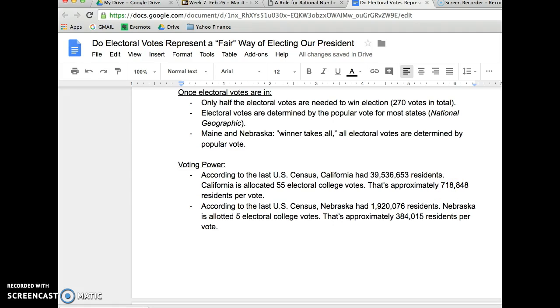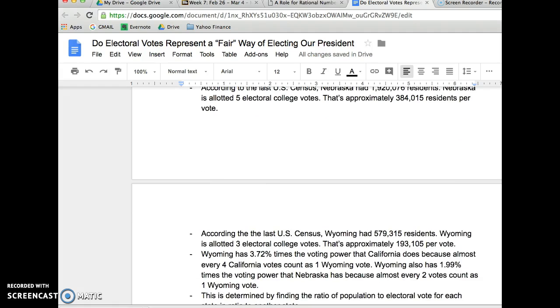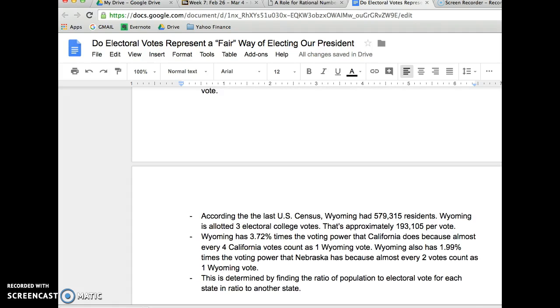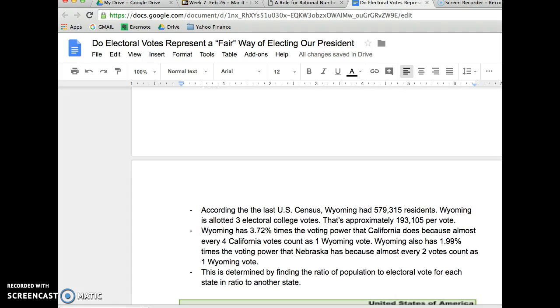If you look at a place like Wyoming that had approximately 579,000 residents, and they're allocated 3 electoral votes, that's approximately 193,000 people per 1 vote. So you can see that the voting power is 3.72 times the voting power that a Californian has, because almost every 4 Californians count for 1 Wyoming person.